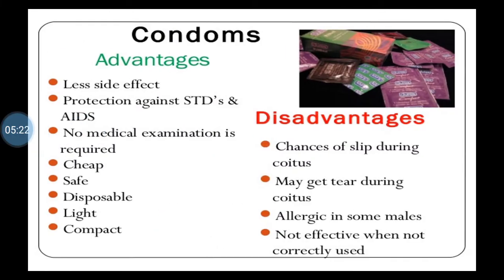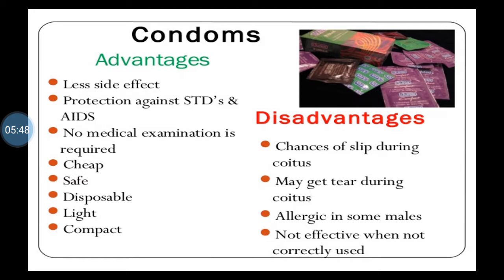Now many times a question is asked on the advantages and disadvantages of the condom. So at least 5 to 6 advantages and 4 to 5 disadvantages you must be able to write down. You can see the advantages of the condom: there is no side effect.